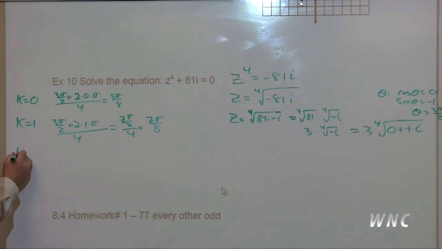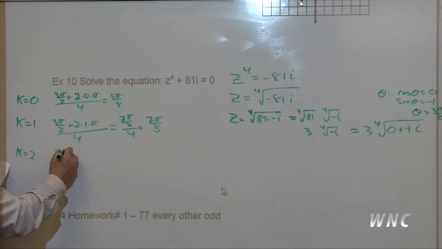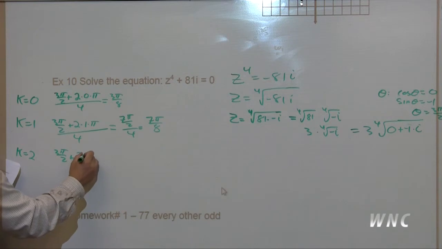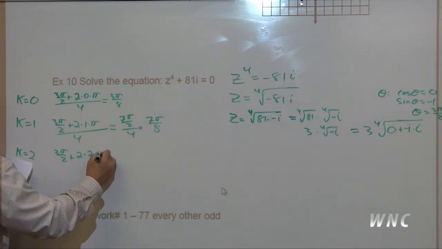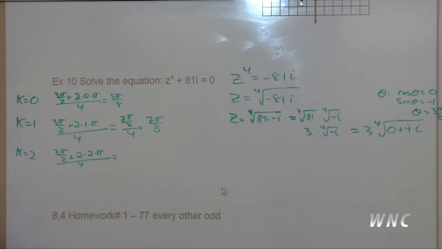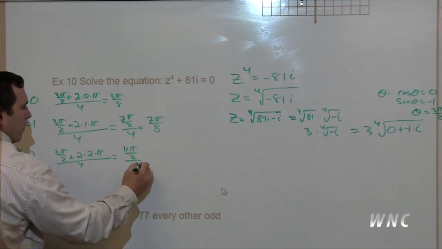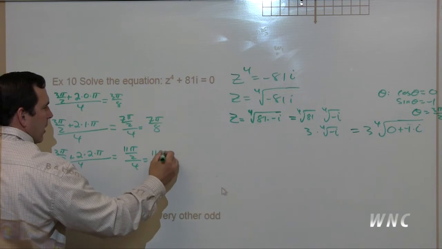For k being 2, we have 3 pi over 2 plus 2 times 2 times pi, all over 4. So 3 pi over 2 plus 4 pi, that'd be 8 pi over 2, so what we have is 11 pi over 2, over 4. So 11 pi over 8.